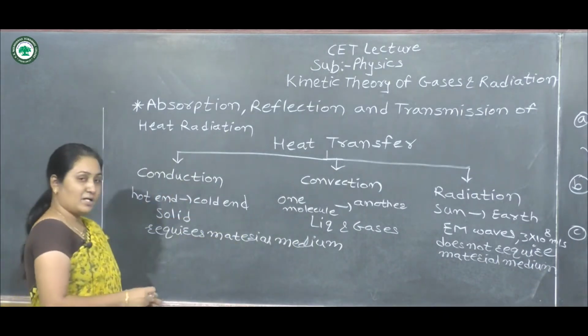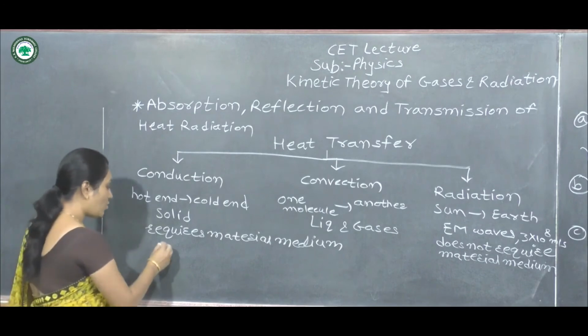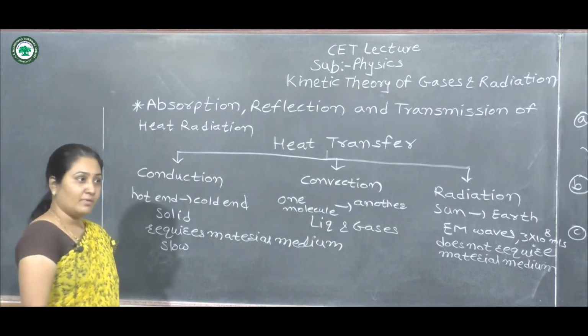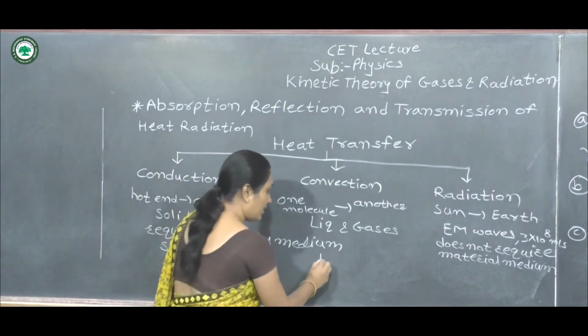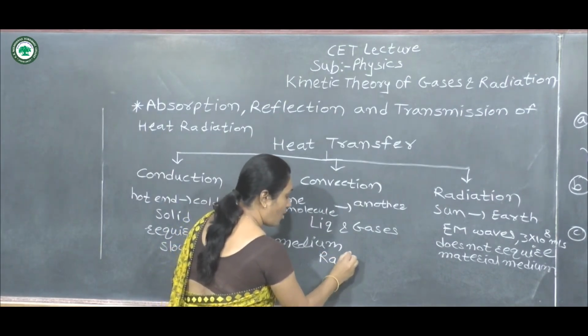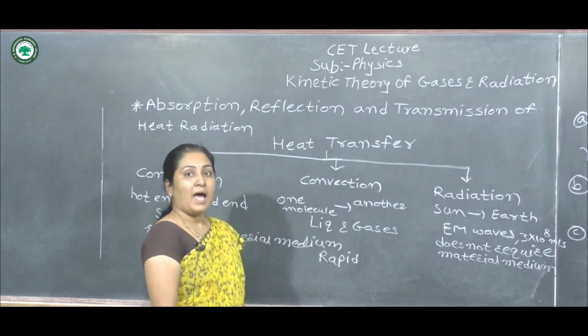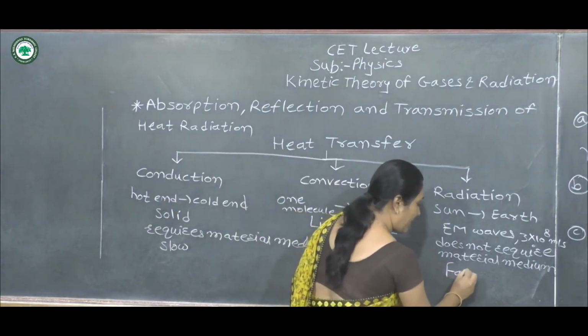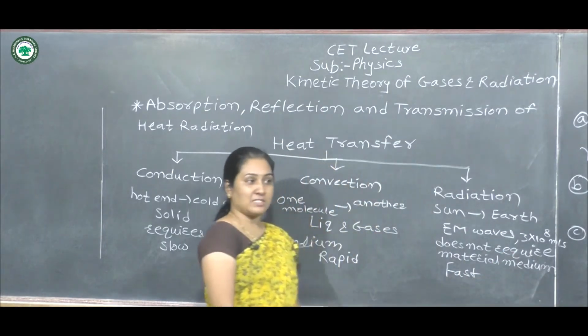Conduction is the slow process of heat transfer. Convection is the rapid process of heat transfer, and radiation is the fastest method of heat transfer.